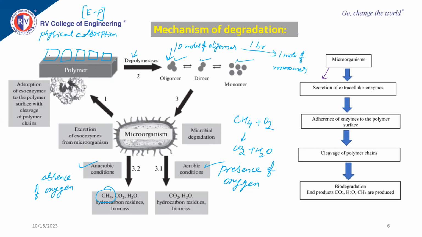For every 1 hour, your polymer is breaking into 10 moles of oligomers. Here it is very fast, here it becomes slow. So when it comes to the second hour, this 10 moles may be reduced to 9 moles, but an additional 10 moles of oligomer is formed because of the cleavage of the polymer molecule. So the accumulation of these byproducts will be more compared to the formation of the monomer itself.